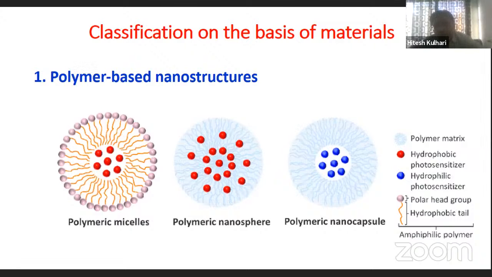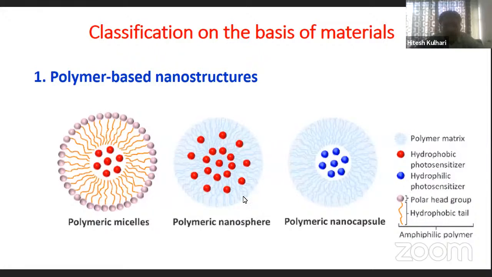Like PLGA, polylysine, various types of PLLA, PMMA, various types of polymers are available. Some synthetic polymers are there, some natural polymers are also there, like dextran and pectins, which are also present in plants, and we can make their nanostructures. So we can convert those bulk polymeric materials into polymeric micelles.